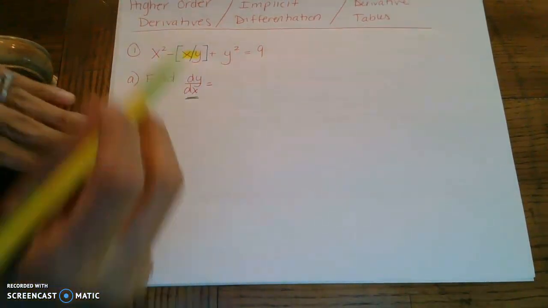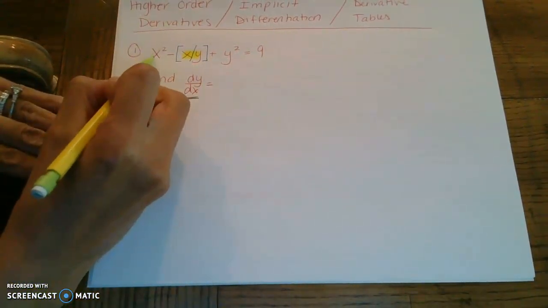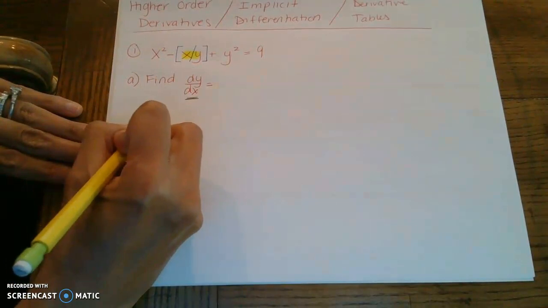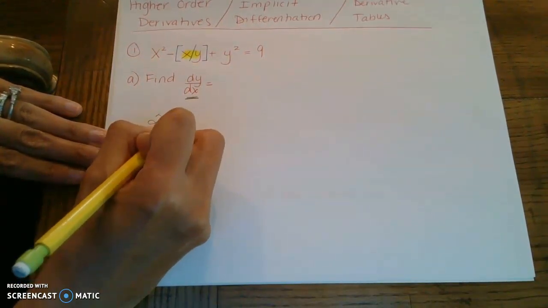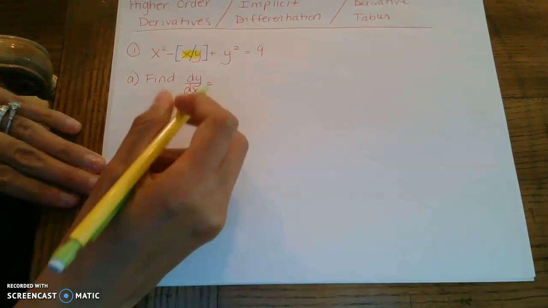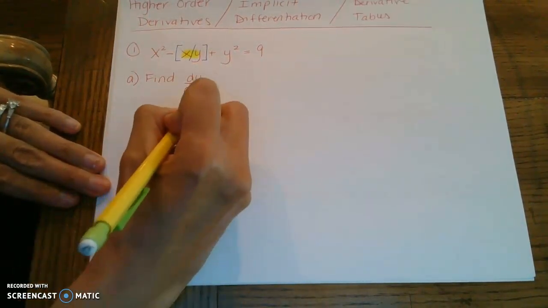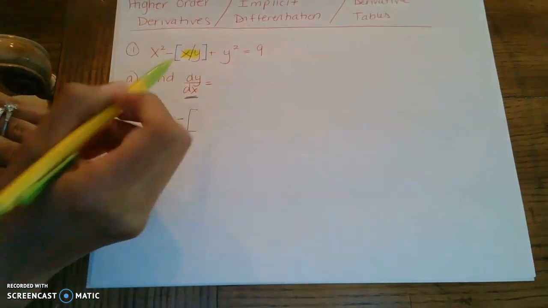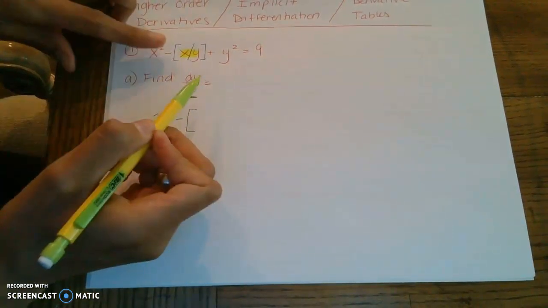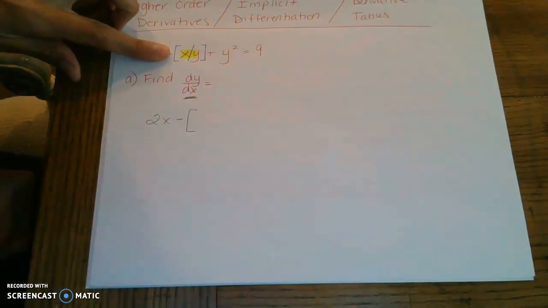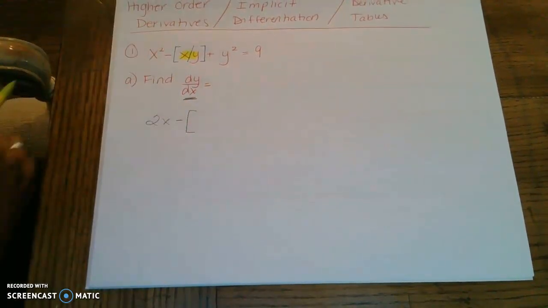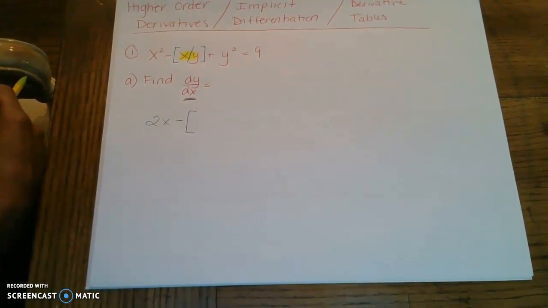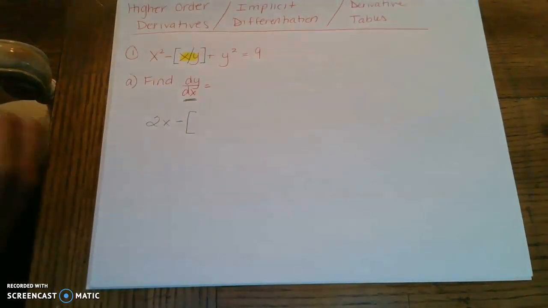So now let's get started. When I take the derivative of x squared, that becomes 2x, and you could technically say dx, but I'm not going to. Then I'm going to do this minus here, and I do a parentheses, and now I'm going to do the product rule. I'm not going to worry about that negative right there. When I do the product rule, at this point we should start practicing saying the product rule out loud so we don't have to make that key anymore.